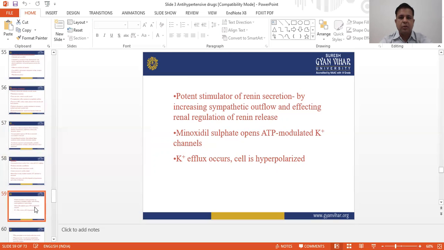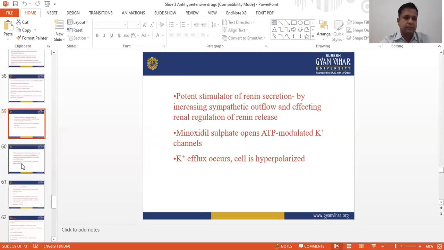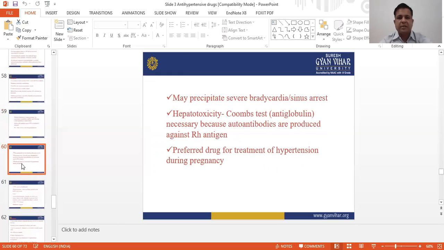Minoxidil sulfate opens ATP modulated potassium channels, a potassium efflux occurs and the cell is hyperpolarized. It may precipitate severe bradycardia or sinus arrest.